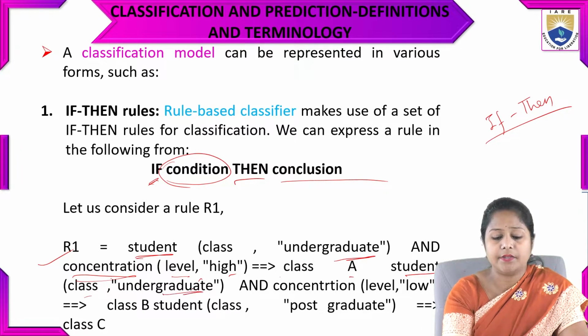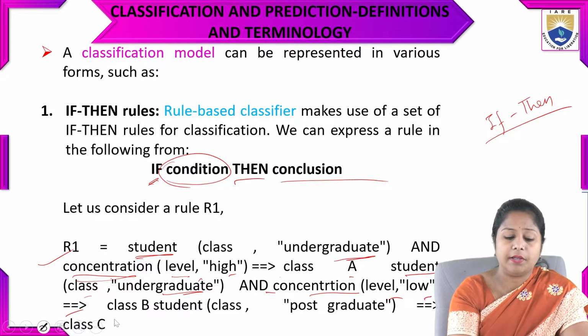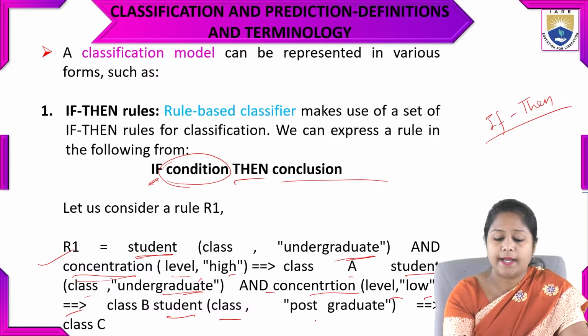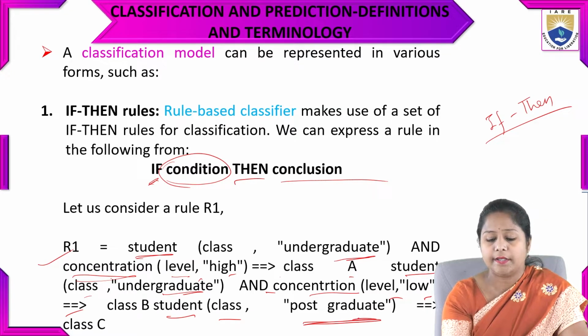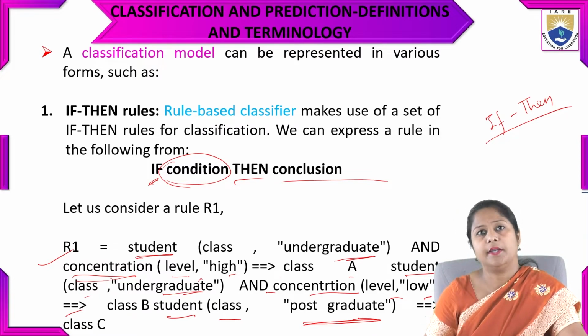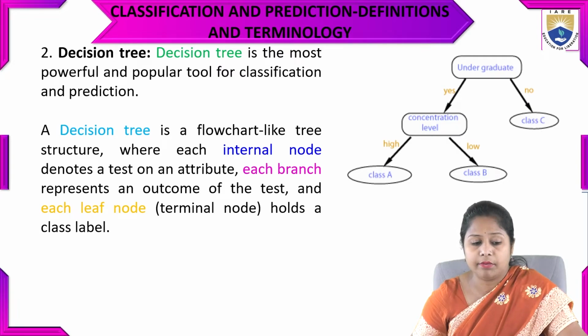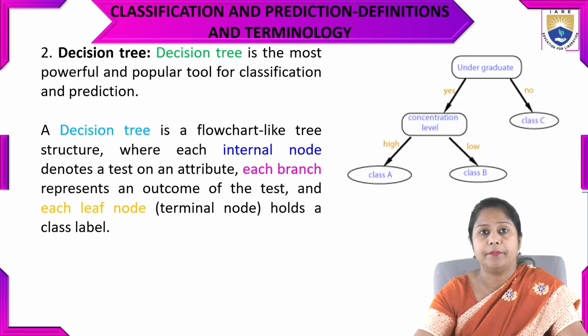Class undergraduate and concentration level low depends on class B student. Class postgraduate depends on class C. So this is the rule written here as an example of if-then rules. The other form will be the decision tree.